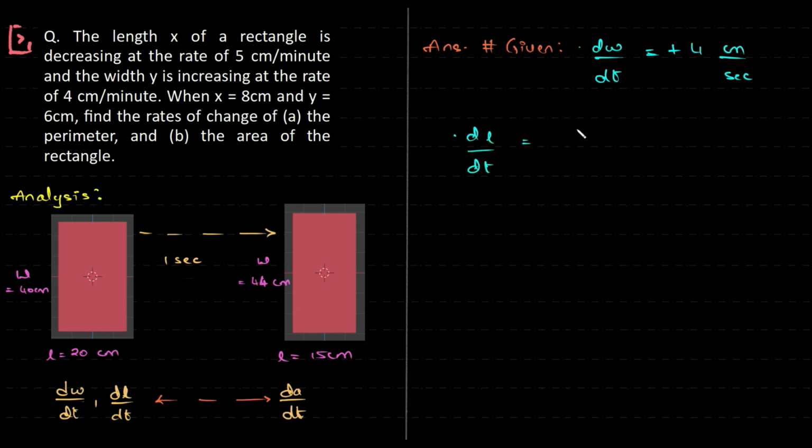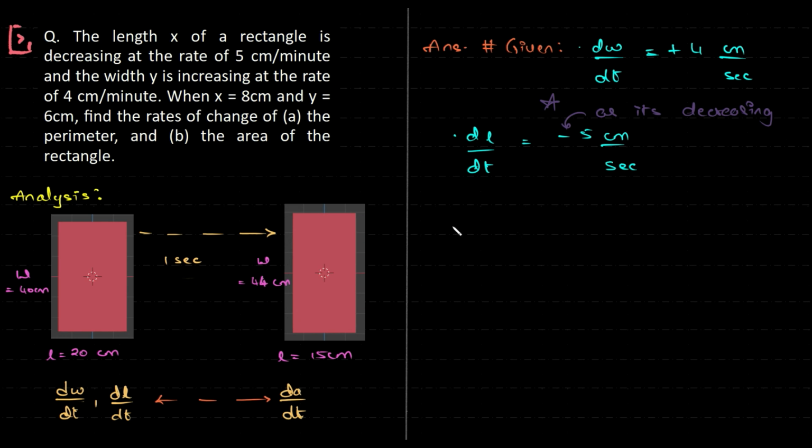So what should I do over here? It should be minus 5 centimeter per second. That's the difference. If you guys don't write negative, then you are gone, as it's decreasing. Very important, don't miss that. Okay, so we have this now.